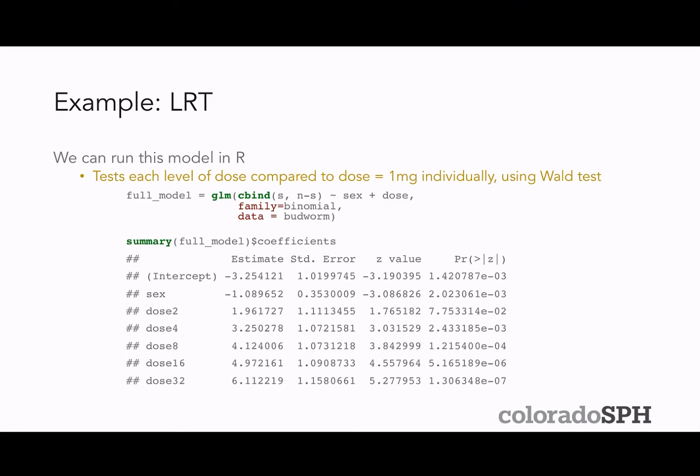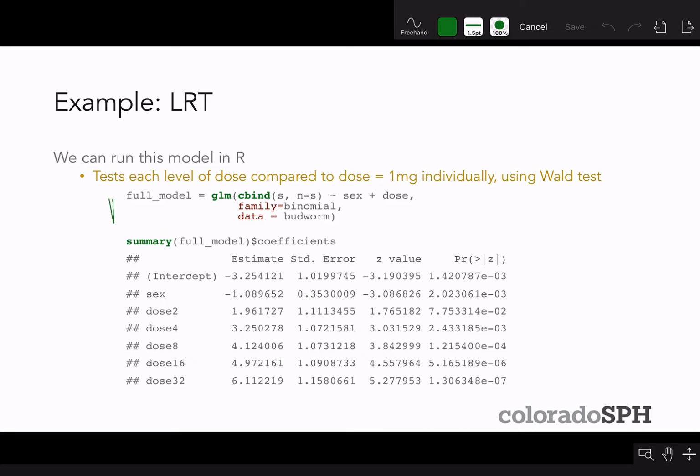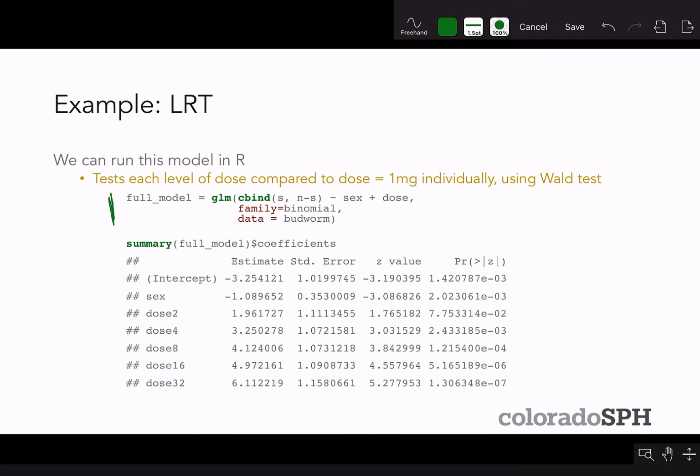So we can run this model in R using this code, and I'm calling this the full model. You can get a series of estimates, and because we have 5 different betas for the dose categories, we're going to get 5 different estimates and p-values.